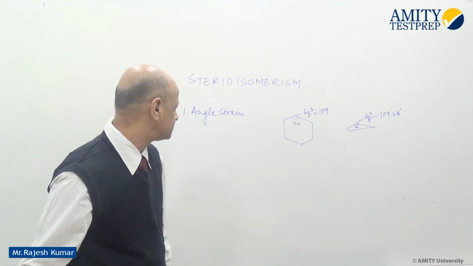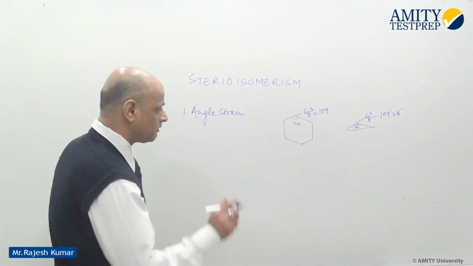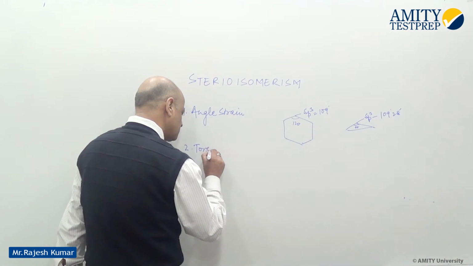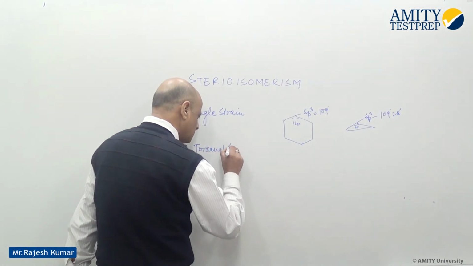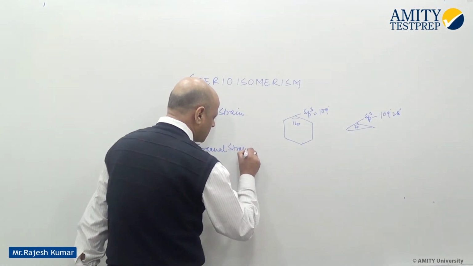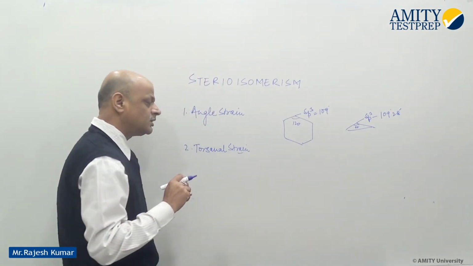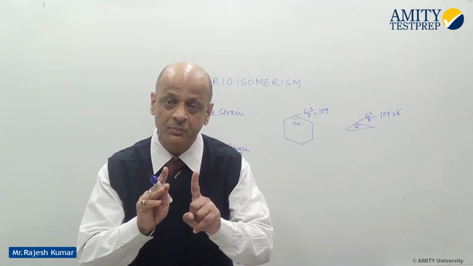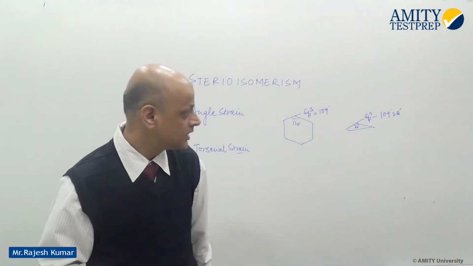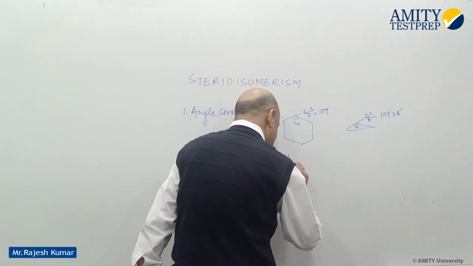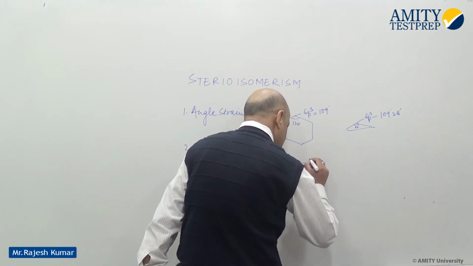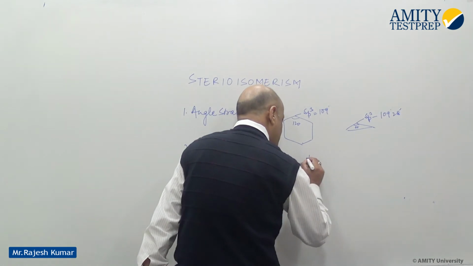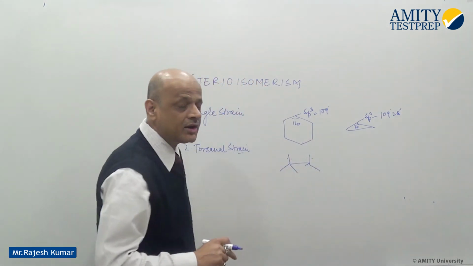Another strain is torsional strain. It is the strain caused due to the repulsive interaction between the bonded pair and bonded pair of electrons. Take this for example here. These bond pairs of electrons are very near to each other.